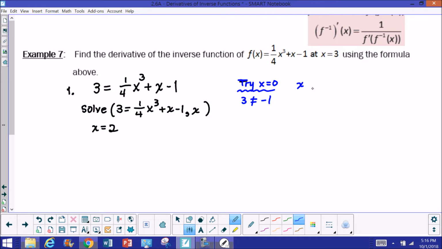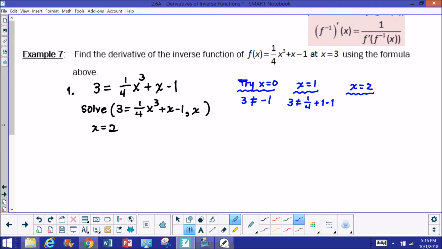So then we'll try maybe x is equal to 1. Well, maybe this is going to work. Is 3 equivalent to 1/4 plus 1 minus 1? And I'm seeing that 3 and 1/4 are not going to be equivalent. So before we get frustrated, we want to just keep pushing on, knowing that reasonably we wouldn't have to try too many numbers.